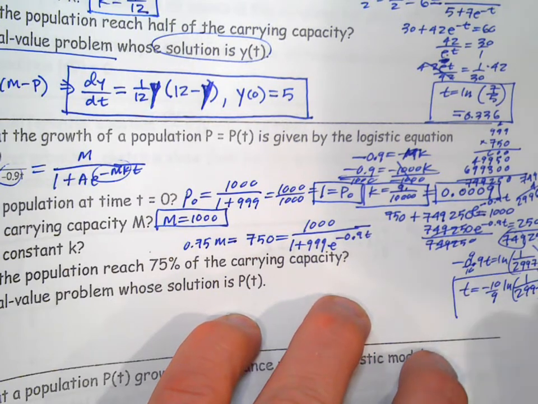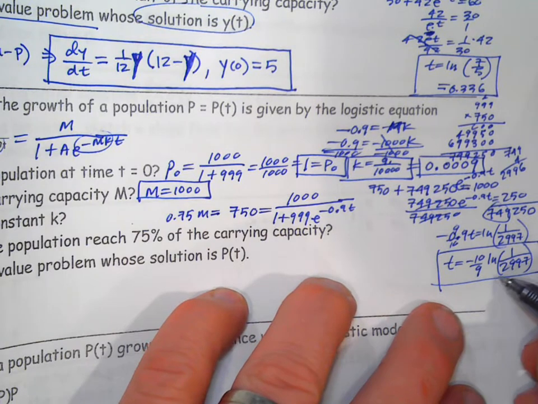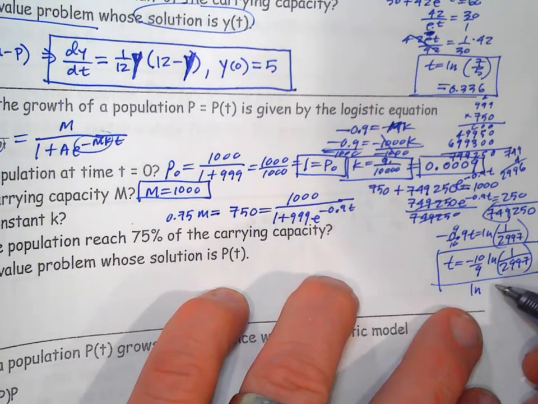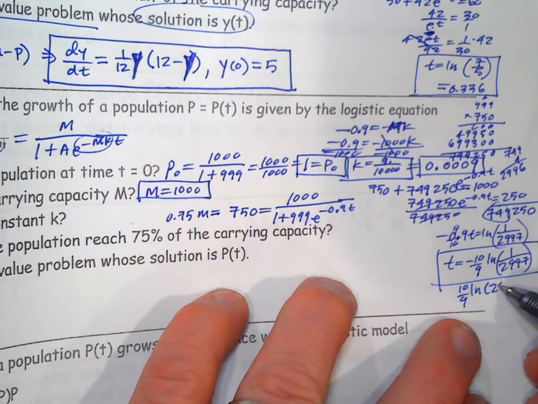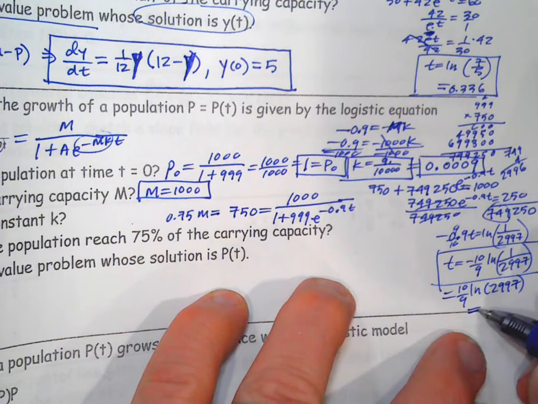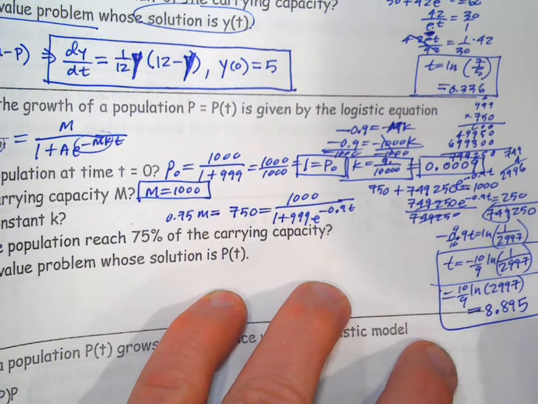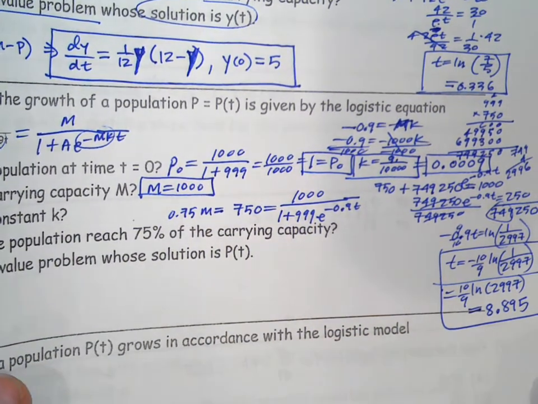So that's the exact answer. We could even clean this up. We could say, oh, well, this is going to be 10/9 times 2997, bring the negative in as an exponent. As a decimal, it's 8.895. So, all right. Cool.